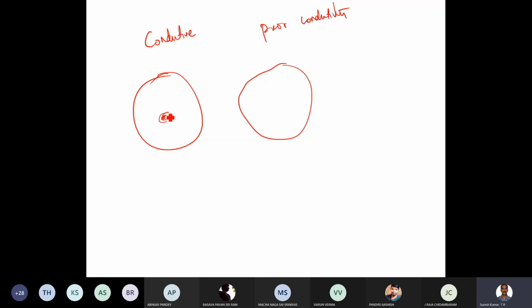This electron will recombine with the hole, and it will settle down, right? Immediately it will be settled, because it is a conductor, it is free to move anywhere, and this recombination will happen, or an equilibrium state will be reached in the conductor material.